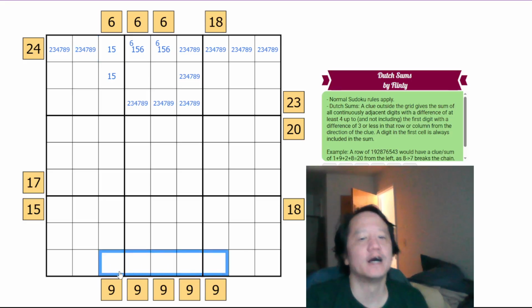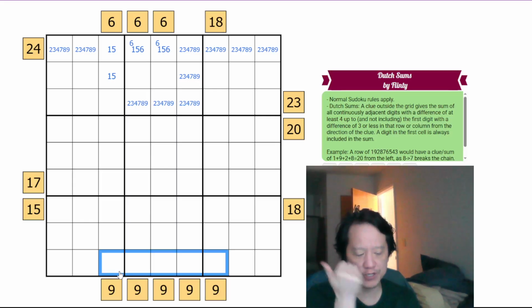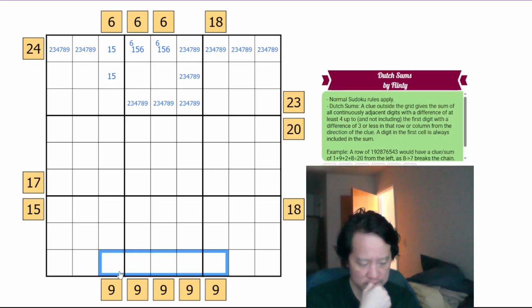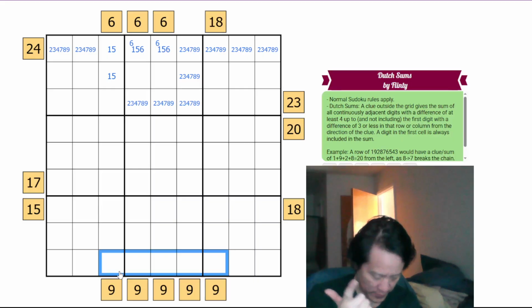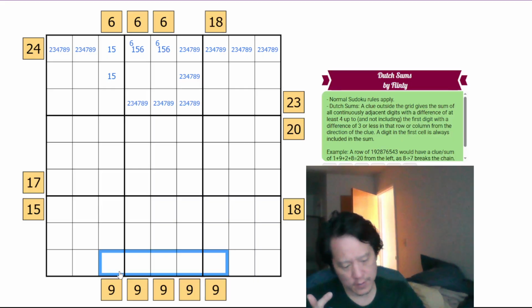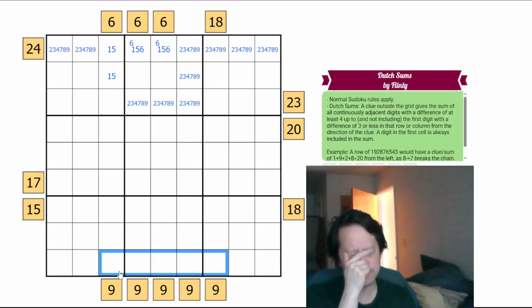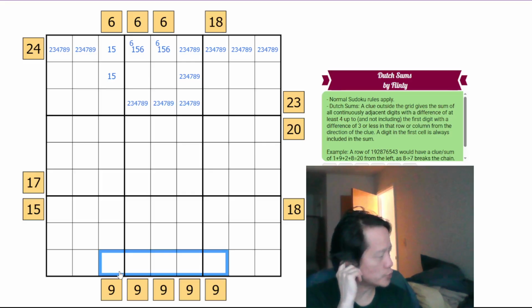So for 9, you could have 1, 8, 2, 7. 3, 6 does not work. That's a difference of only 3. So 1, 8, 2, 7. And then you could have 3 digits adding up with 1, 6, 2 or 2, 6, 1.